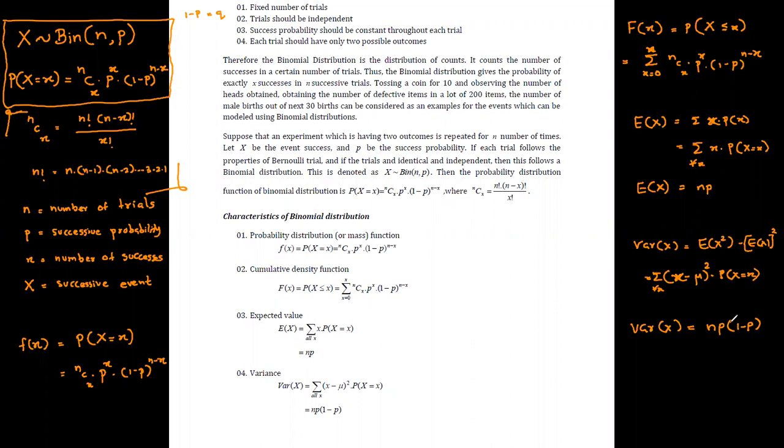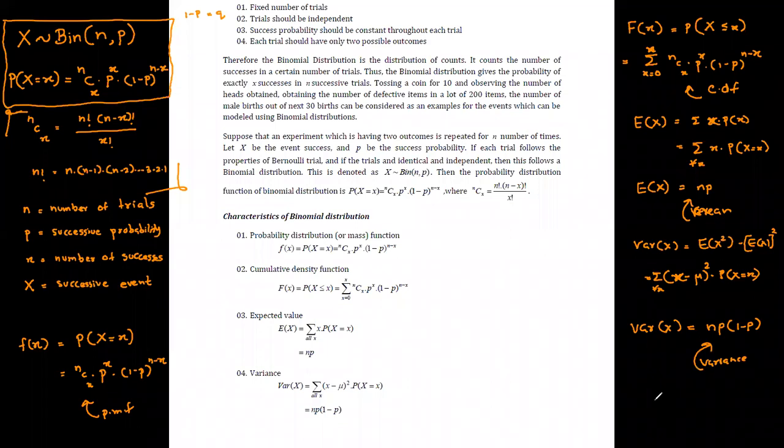These are the important things we have to keep in mind as the characteristics of the binomial distribution: the probability mass function, the cumulative distribution function, the expected value or simply the mean, and the variance of the distribution, which is obtained as n times p times (1 minus p).